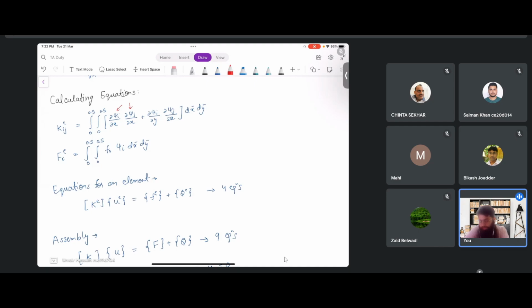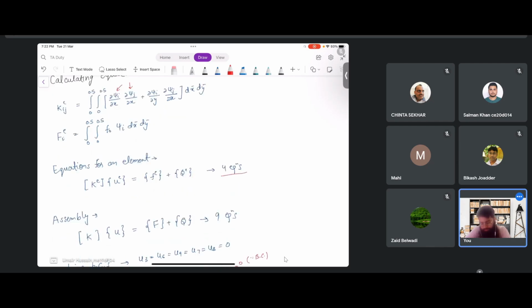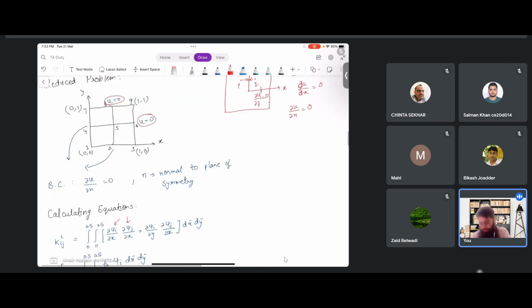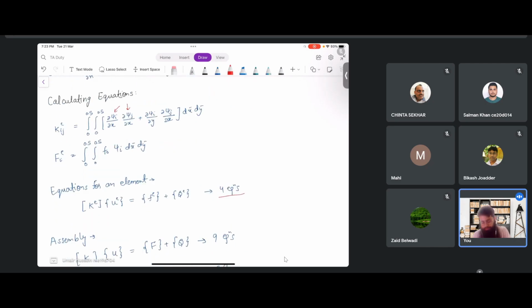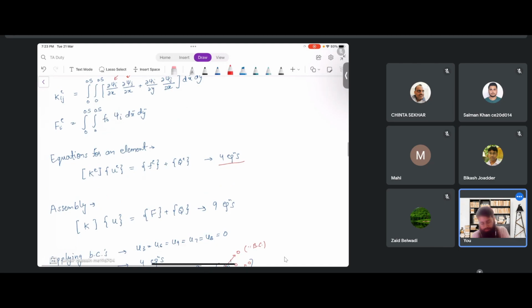For the case of quadrilateral elements, how many equations per element will we have? Four equations. Since we have four nodes, we'll have four corresponding equations, one for each node. But as we assemble all the element level equations, we have four elements, so total element level equations would be four elements into four equations, 16 equations.